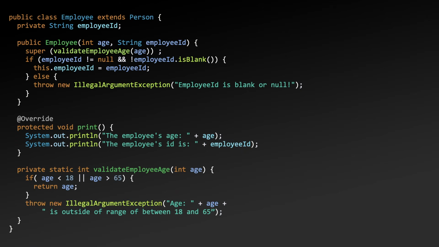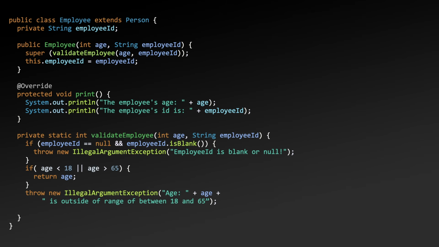But until then, this creates a bit of an issue in the Employee constructor, as the Person constructor only has a single argument for age. So, following pre-Java 25 rules, we need to do validation for employeeID after the call to super. We'd update the static validate method we created in the previous section to be quite strange, to validate fields we won't be passing to the parent constructor.